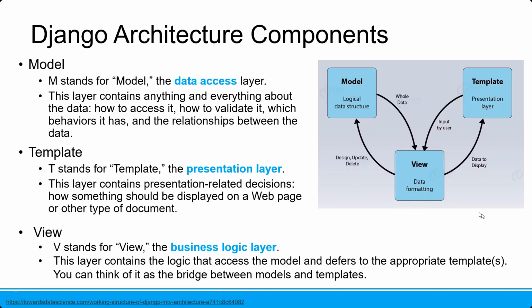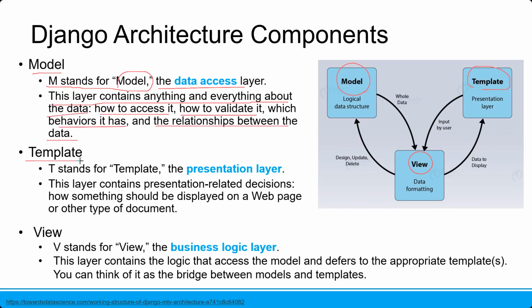It will be connected to the template via view. So model, M, stands for model. It is the data access layer. So this layer contains anything and everything about the data: how to access it, how to validate it, which behavior it has, and the relationship between the data.